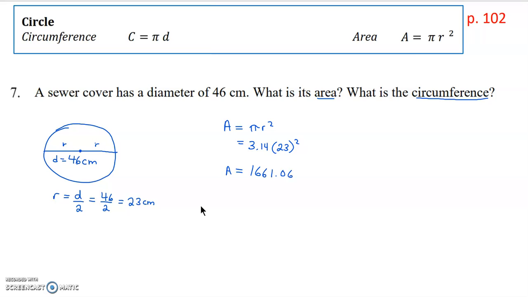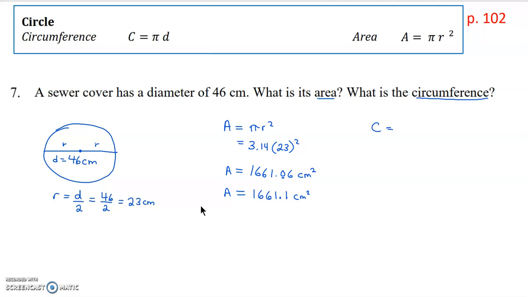And remember, it's area, so we squared our centimeters. So we're going to have square centimeters in our answer. And if we have to round this to the tenths place, we're going to round up. So this 0 rounds up, and the answer is in square centimeters.